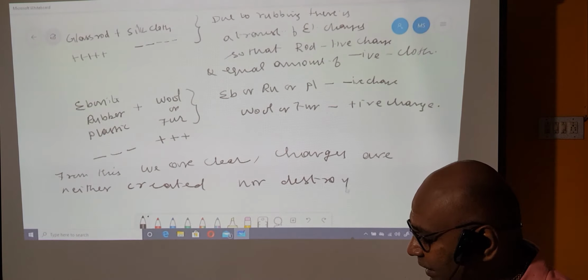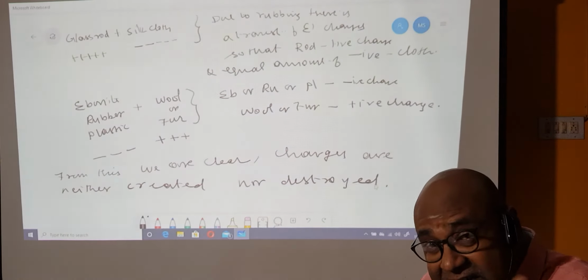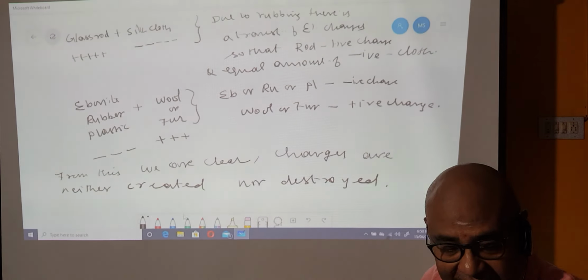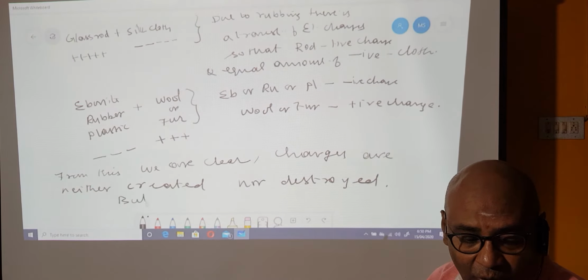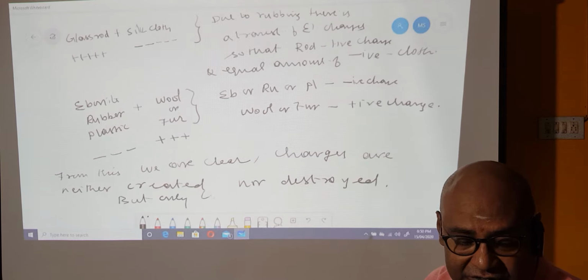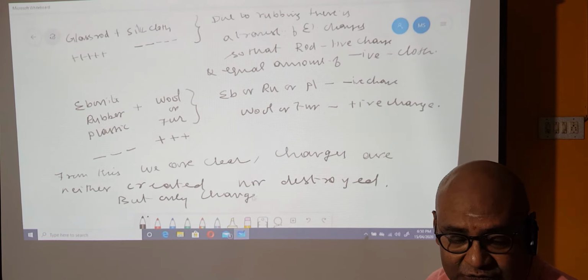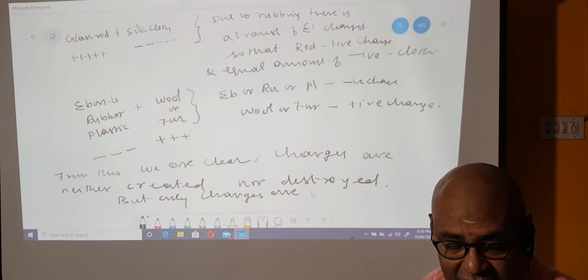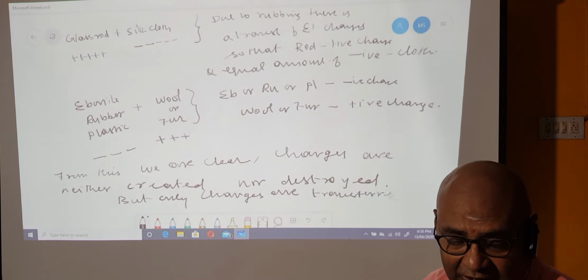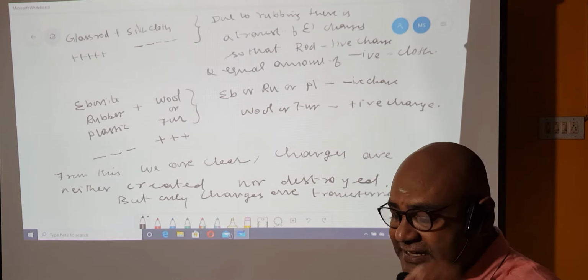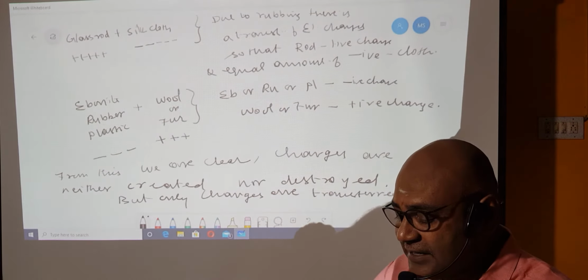But what happened? There is only a transference of electrical charge. Only charges are transferred. So this we are calling the second property, called conservation of electrical charge.